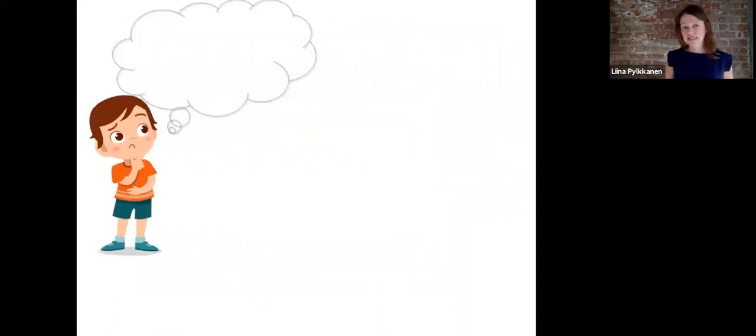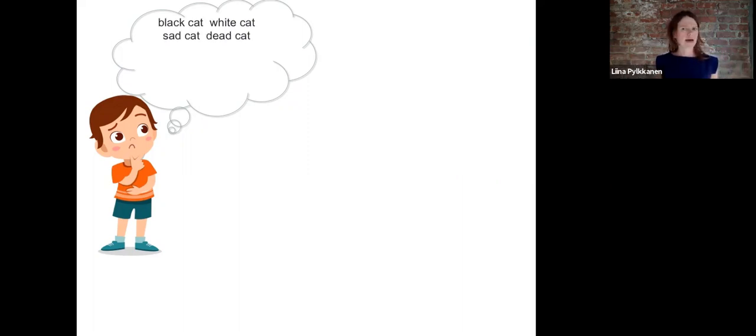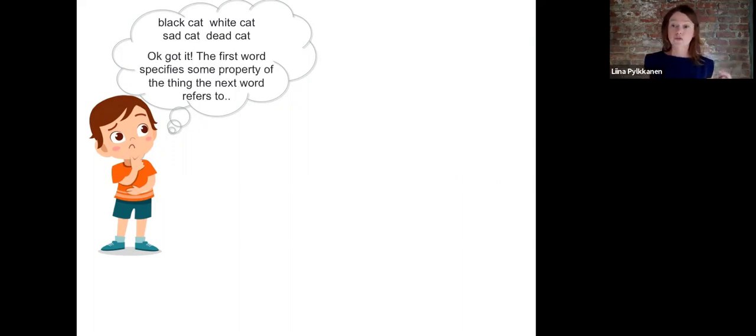As a child entering the language acquisition task, you get a bunch of input. You've heard about a black cat, white cat, sad cat, maybe even a dead cat. At some point, you figure out, okay, I got it. The first word specifies some property of the thing that the next word refers to. That seems to be a general procedure.